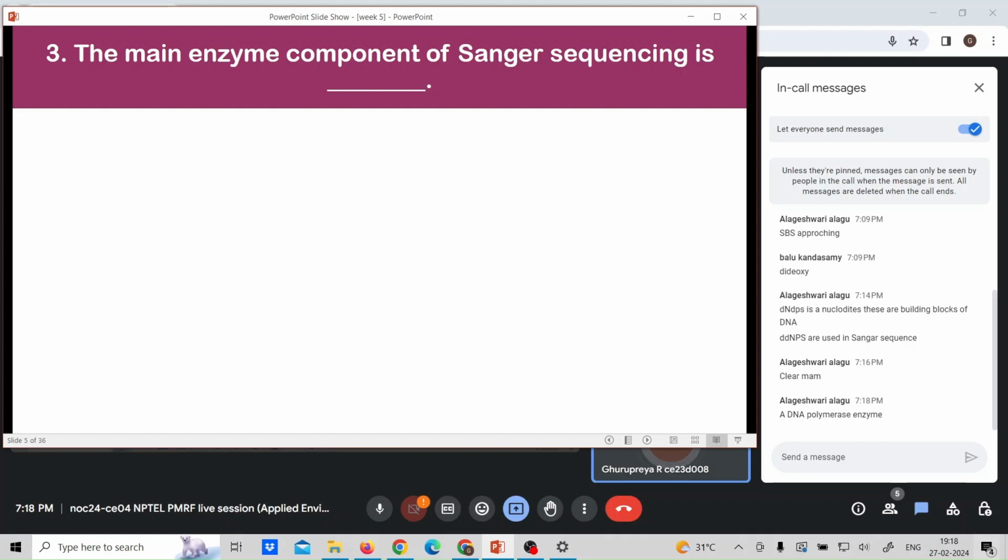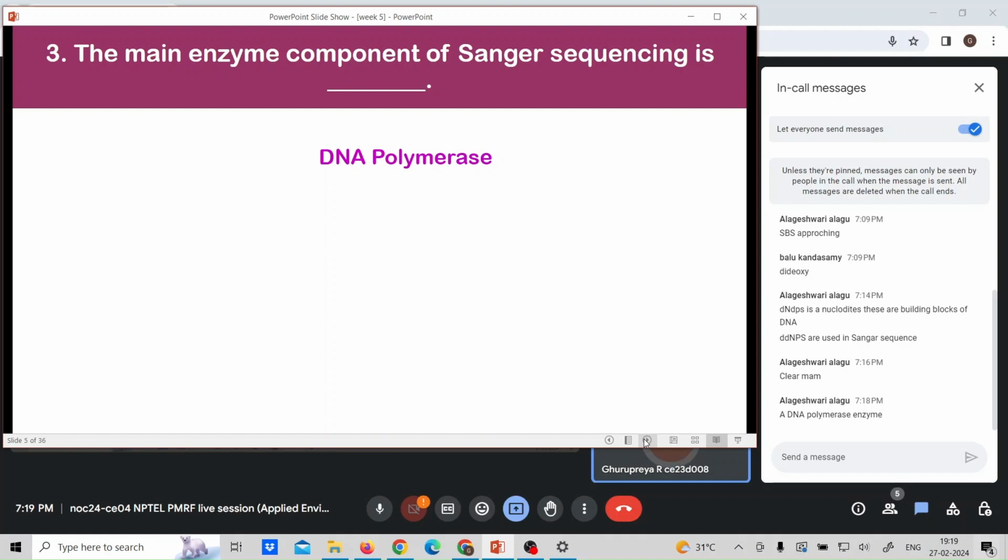Any more responses? Okay, DNA polymerase is perfectly fine. That's the answer. So do you know what are the steps involved in Sanger sequencing?